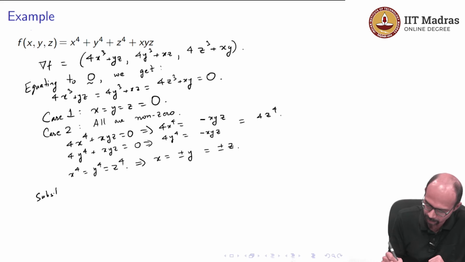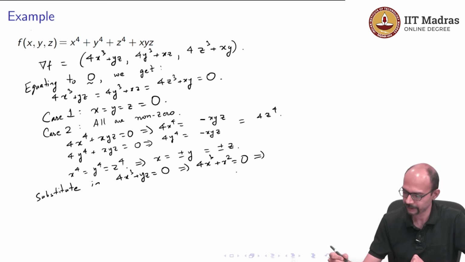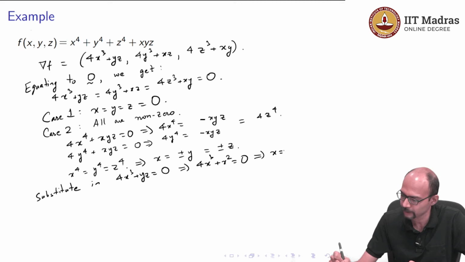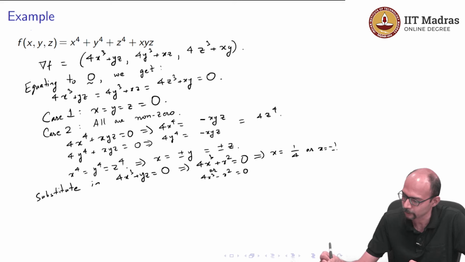So, substitute in 4x cube plus yz is 0. If you substitute this, what you are going to get is 4x cube plus x squared is 0, and since x is non-zero, we can cancel x squared on both sides, and what we will get is x is either this or 4x cube minus x squared is 0, and then x is 1 by 4 or x is minus 1 by 4.